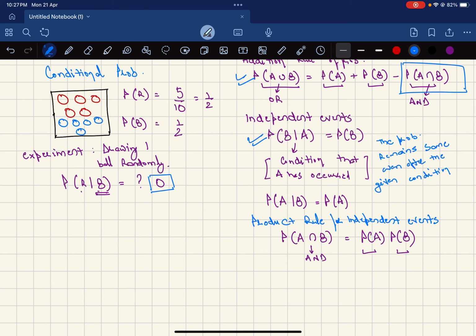Now moving ahead, let us say we draw a red ball, and therefore what are we left with? We are left with 4 red balls and 5 blue balls in the bucket now. Now what is the new probability of getting the red ball given that a red ball is already drawn?